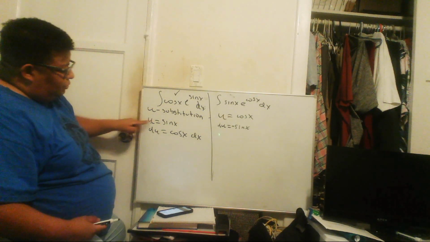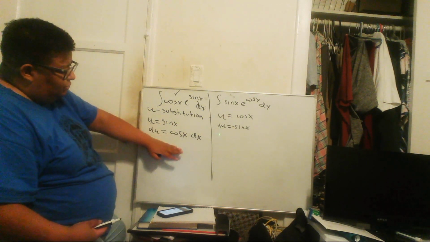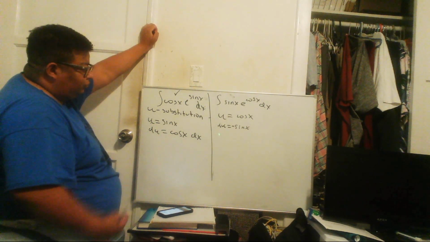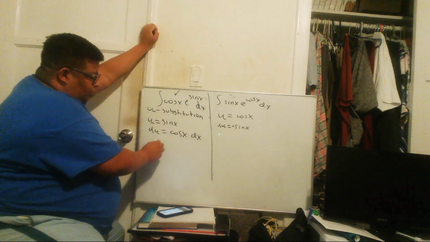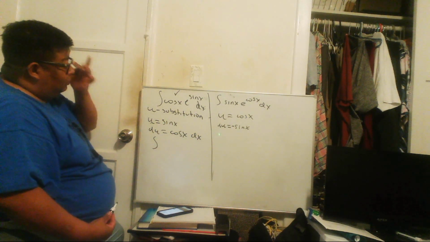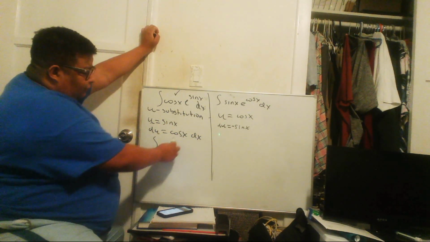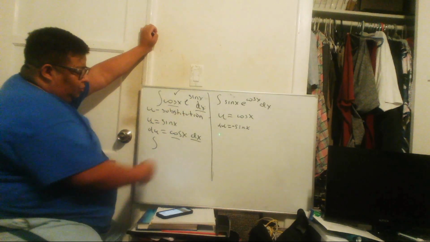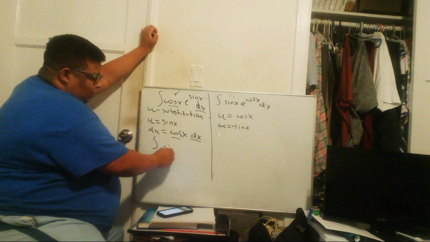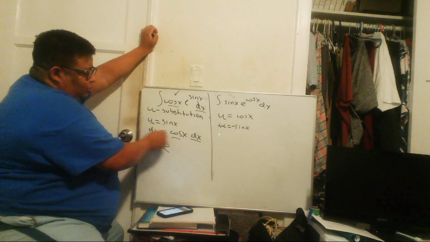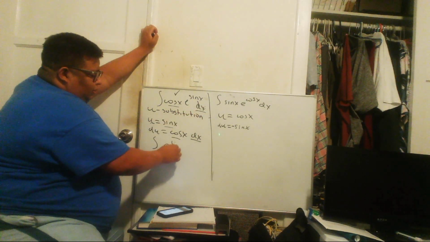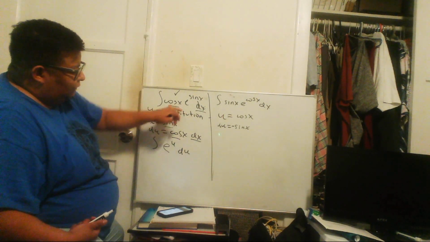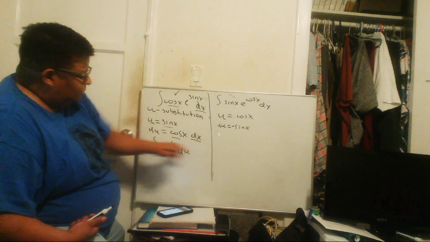Okay, so this one, u equals sin x, du equals cos x dx. The derivative of sine is cos. Now let's convert it to u. We have cos x and dx here, so all we need to do is put the e to the u. What is u? U is sin x. So instead of sin x, we're gonna put u, and then du. The du comes from the cos x dx, which becomes du.